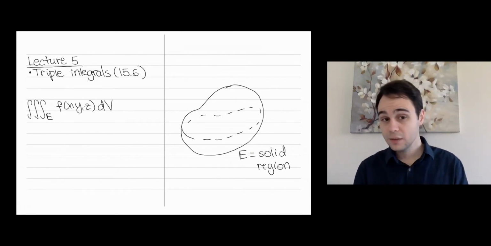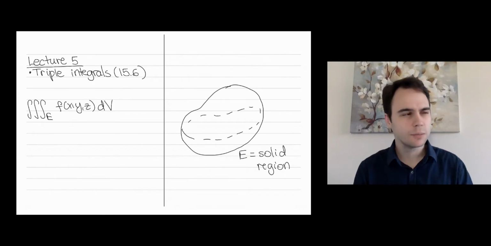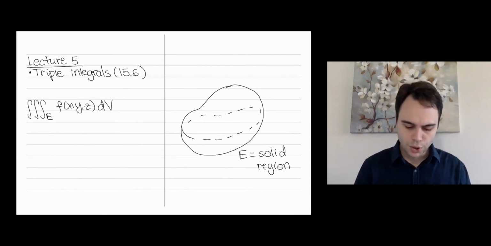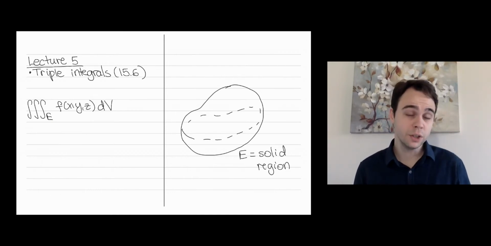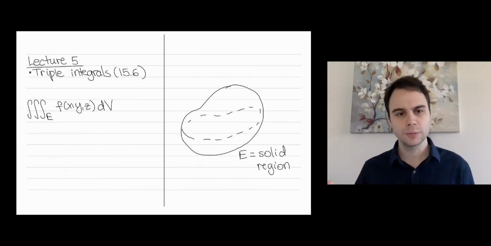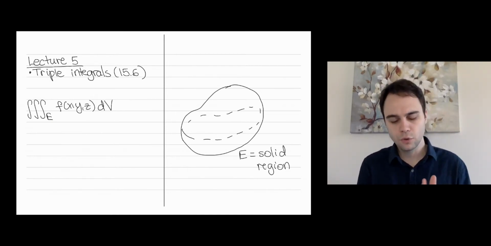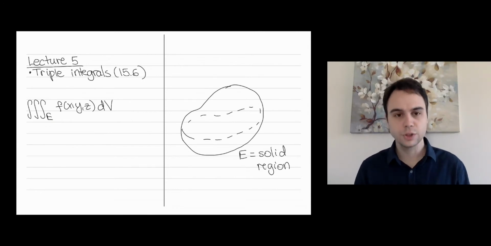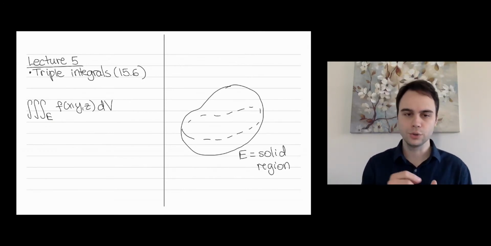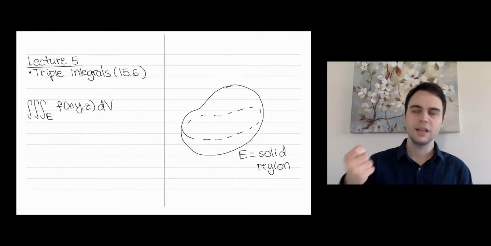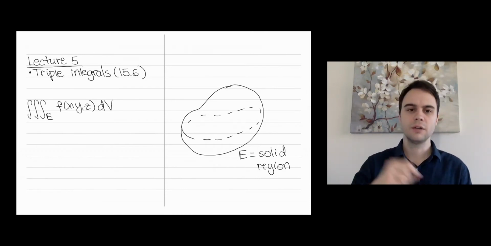Now, in 3D, this geometric picture becomes a little bit more complicated because the graph of a function of 3 variables would live in 4-dimensional space, right? To form the graph of a function of x, y, and z, I should introduce a new variable w, and then say that w is equal to f of x, y, z.